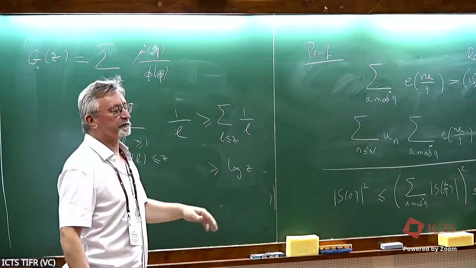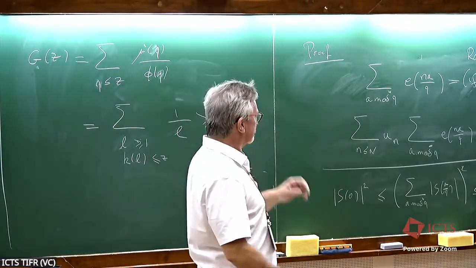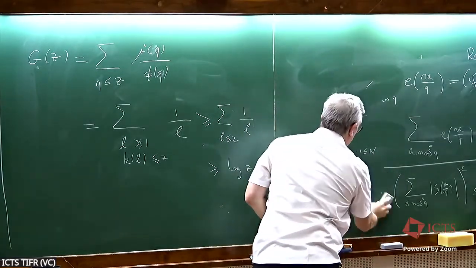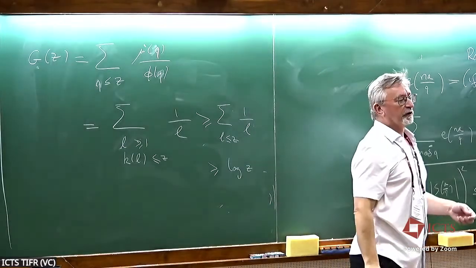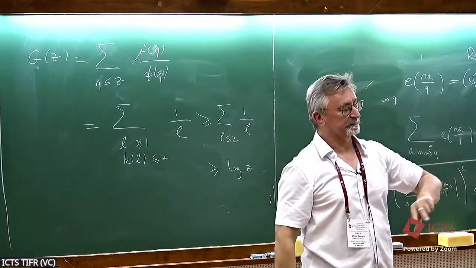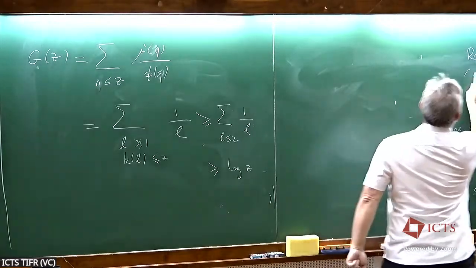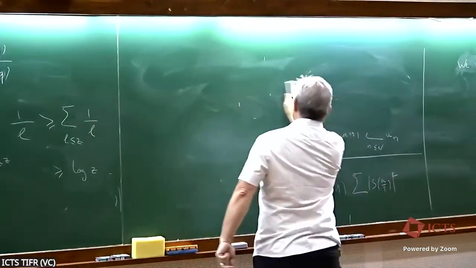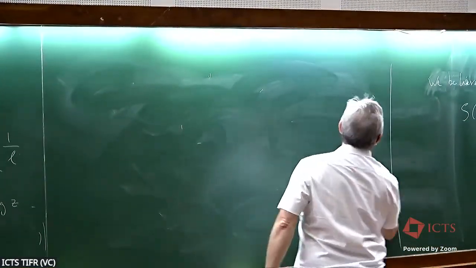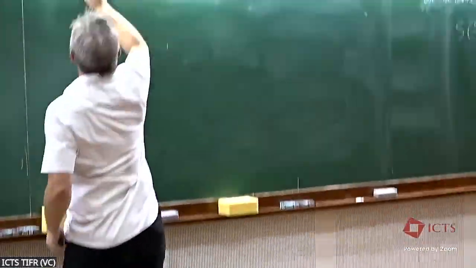If you've done some algebraic number theory, you'll know that you have to handle the local places modulo Q, but also modulo the infinite place. For that, I need a lemma that I'm going to state, and I'm not going to prove. That's going to be the end of this lecture. Okay. So, size condition.